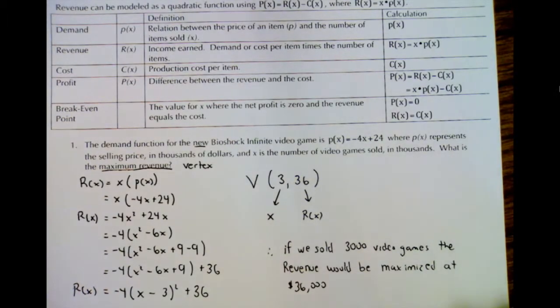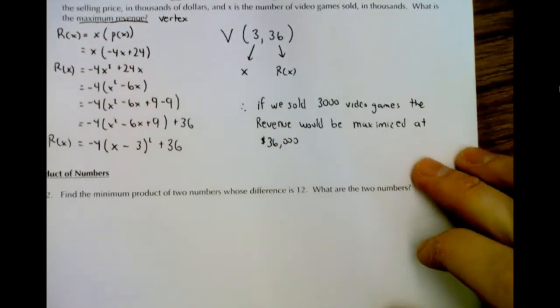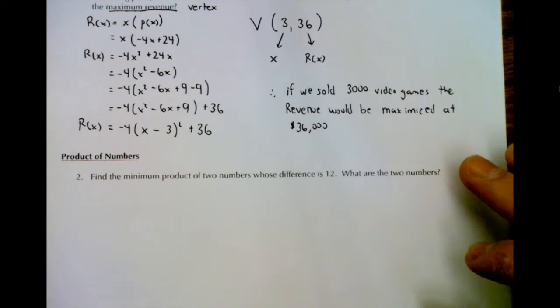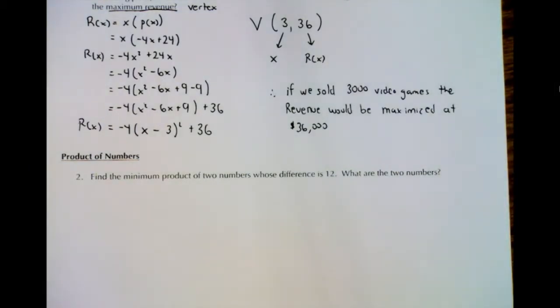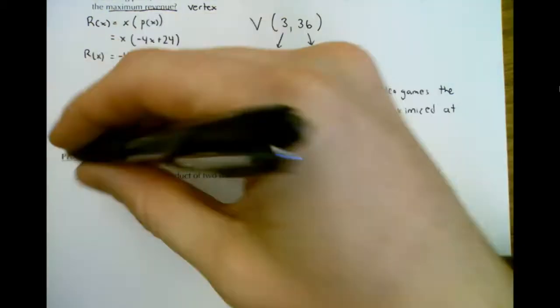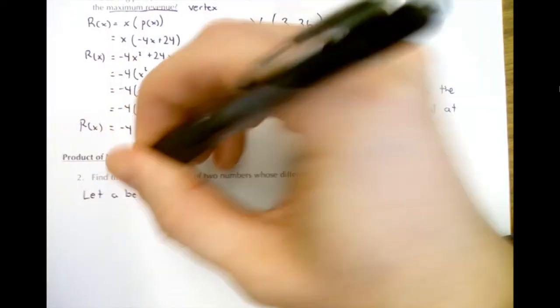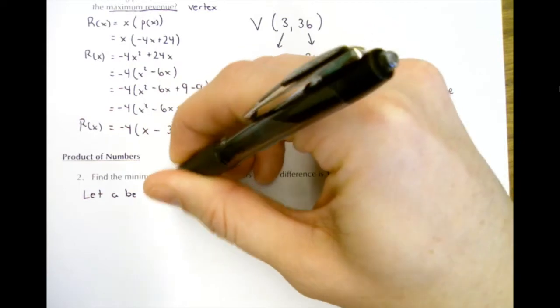Okay, let's try a different style of question. We've got product of numbers. So if we want to find the maximum product of two numbers whose difference is 12, what are the two numbers? Well, start with some let statements. Let A be the first number.